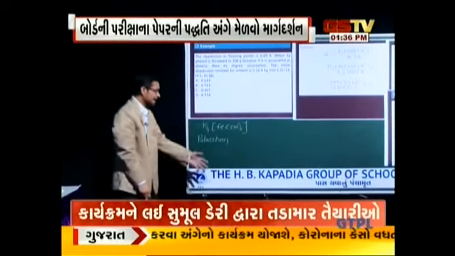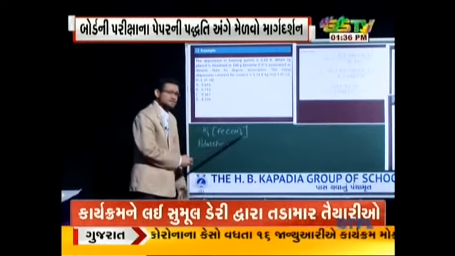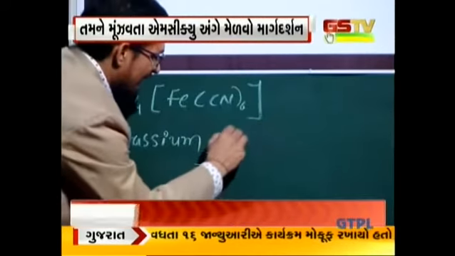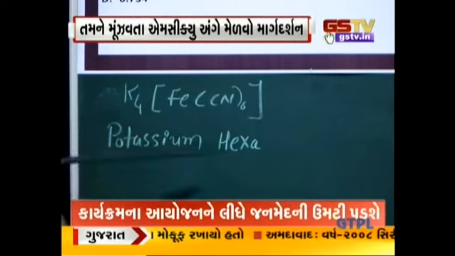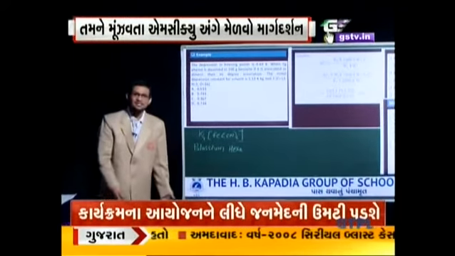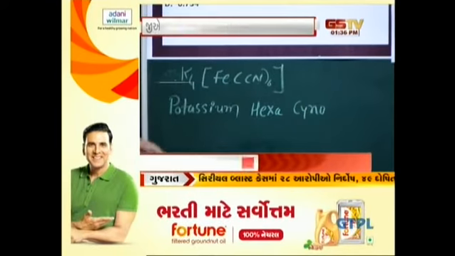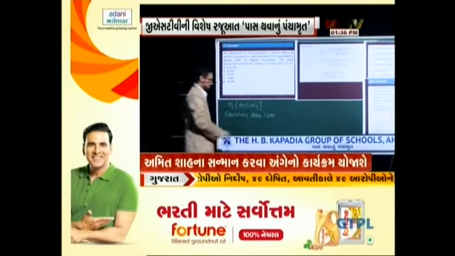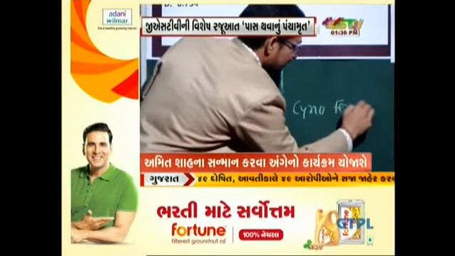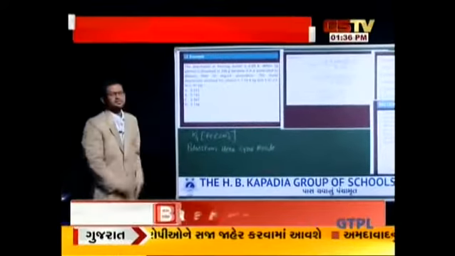Then the ligand: which is the ligand? CN, cyanide, is the ligand. There are 6 ligands, so hexa, and cyanide is named in a coordination compound as cyano. Hexacyano, and Fe, iron, is named as ferrate. So this is the name of this coordination compound.